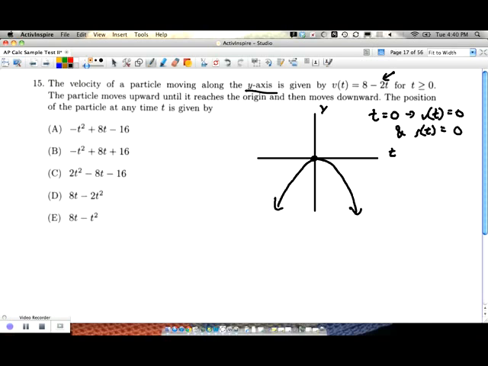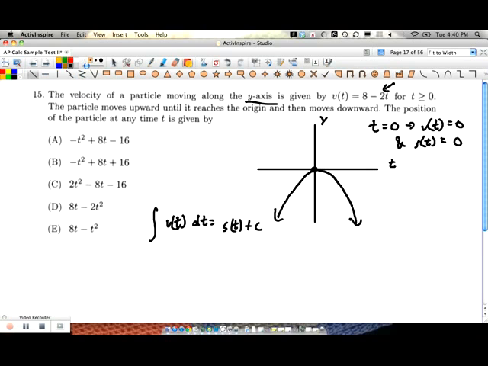We know that the antiderivative of velocity is equal to position plus some constant. Actually, it's just equal to position. Oops, we didn't mean to get that. We want the eraser.